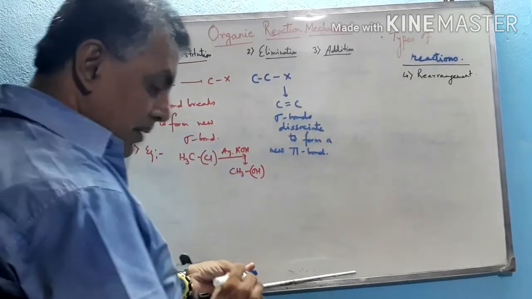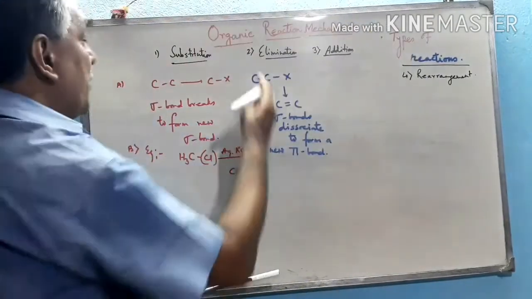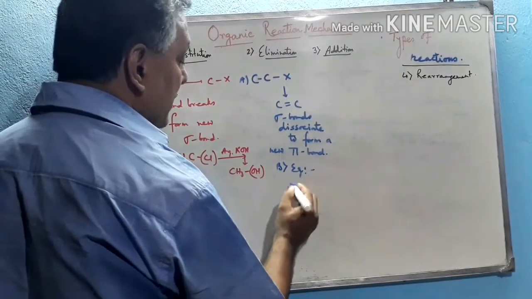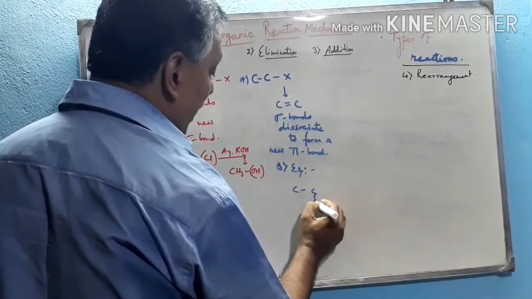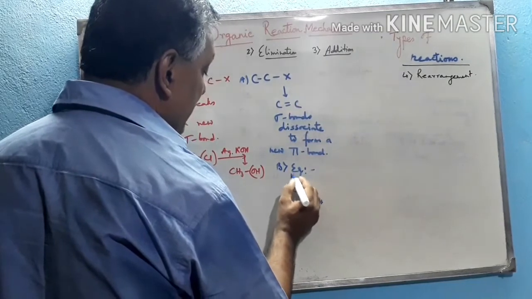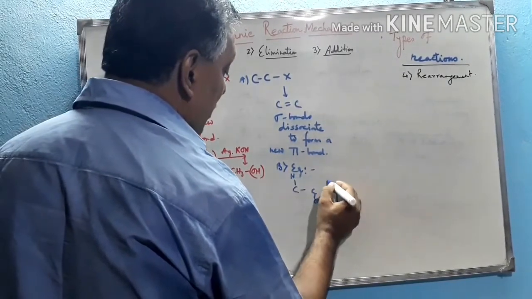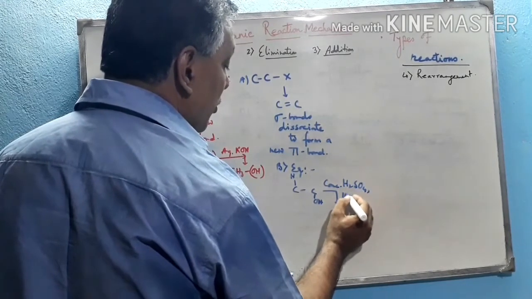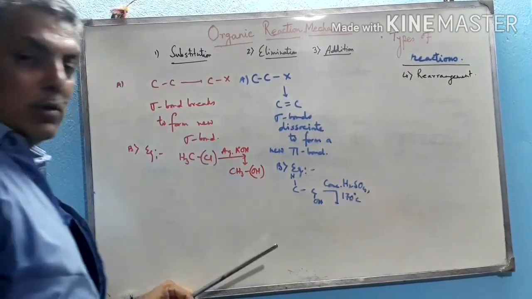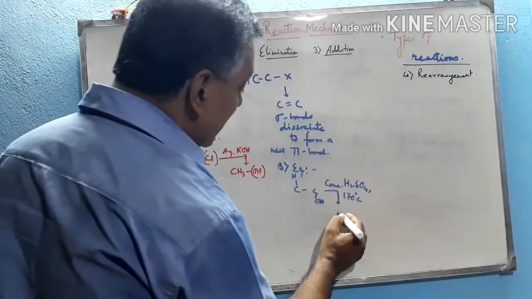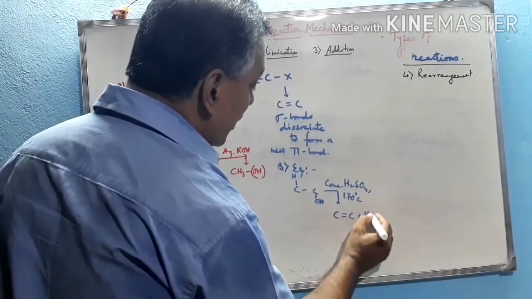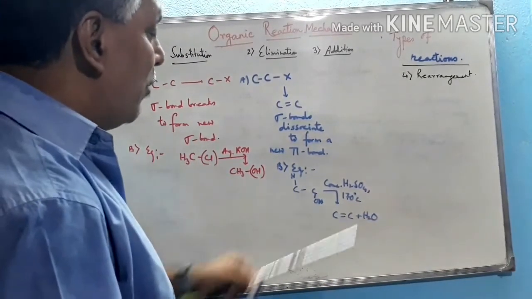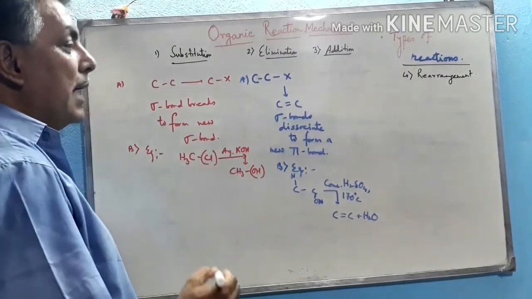Example is C-C-OH, in presence of concentrated H2SO4 at 170 degree centigrade. It forms a double bond through dehydration, through the removal of water. So sigma bond dissociates to form a pi bond. This is the elimination reaction.